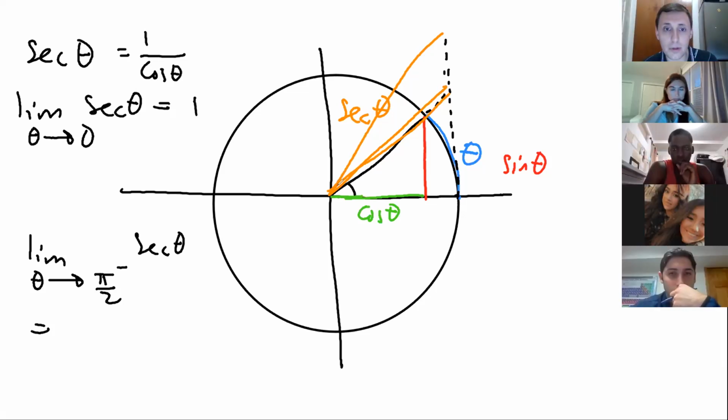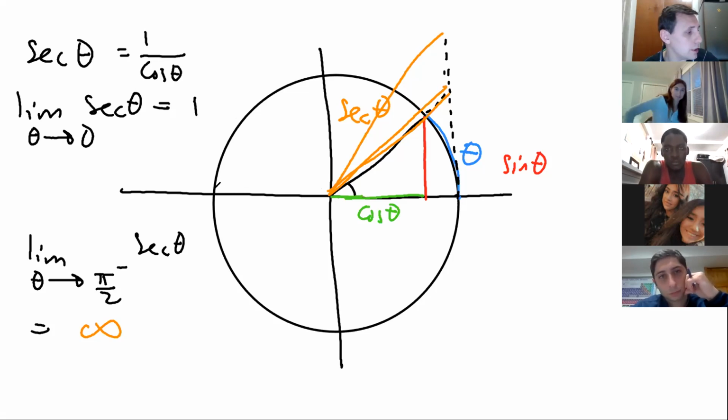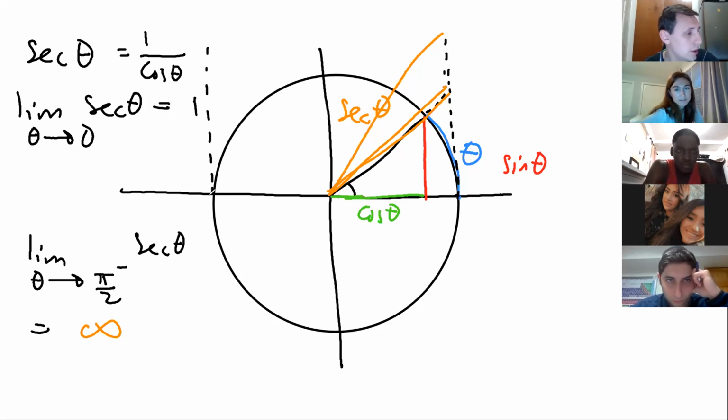Understood? So you see why this limit is infinity as I approach this way. If I were to go in the opposite direction, of course I stretch the green line to -1. If I want to calculate secant in the second quadrant, I will use this dotted line and stretch instead to -1.